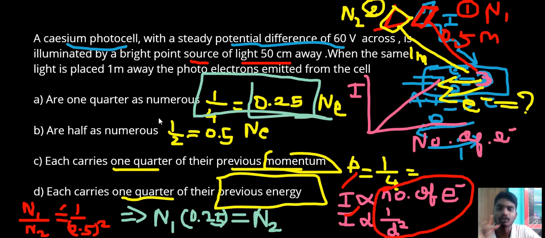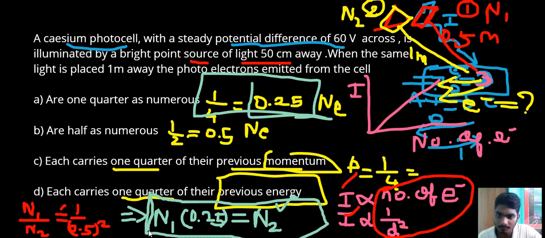The number of electrons emitted in the second situation is 1 by 4th of the first. From this equation, I am making a box there. So option A, the first option, is the correct answer for this question.